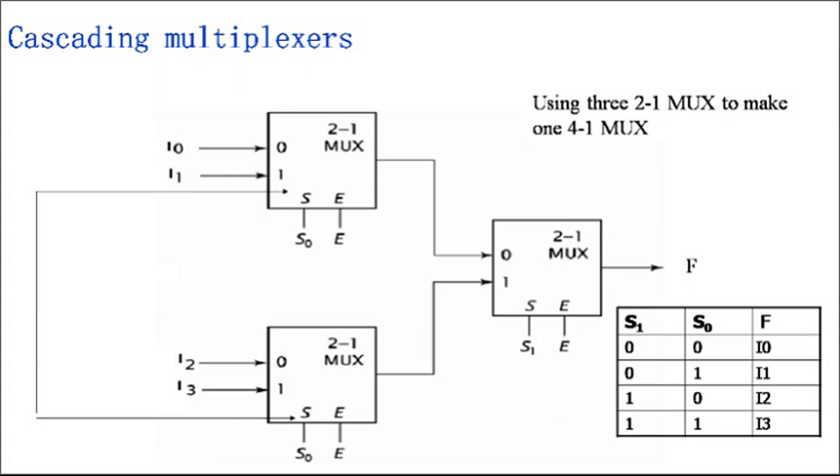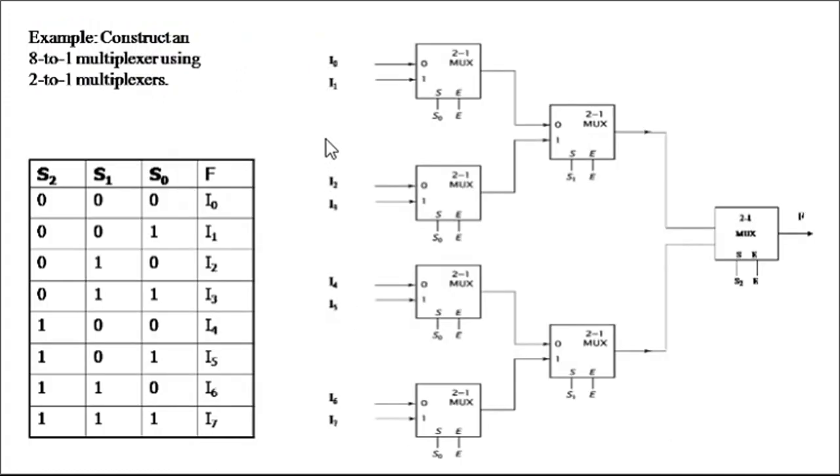Similarly you can cascade for the 8 to 1 by using 2 to 1, and again it is possible like this one to cascade. Using 7 2-to-1 muxes we can design the 8 to 1 mux. So that depends upon what we want to design, and according to that we can implement. So it is nothing but multiplexer trees.